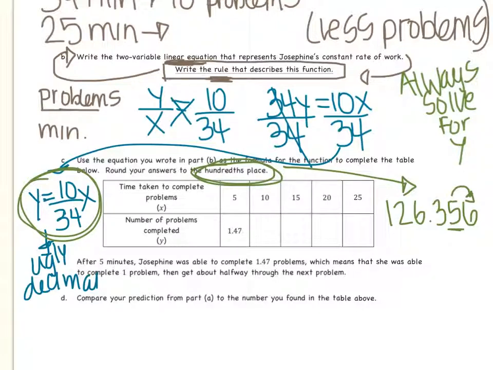It's either going to tell it to bump up 1 or to stay the same. So this example would round to 126.36. So again, you can pause the video here to complete your table, or you can complete it afterwards.